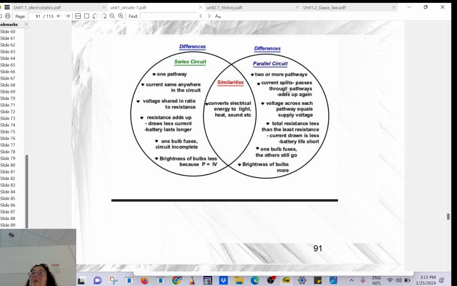Here it will add up to the main power current. For the equivalent resistance in series, it's adding up. Here you have to use that recipe. And if one bulb is broken, nothing works. Here it's fine. If one resistance doesn't work, or if you turn off your load, the other one can work.